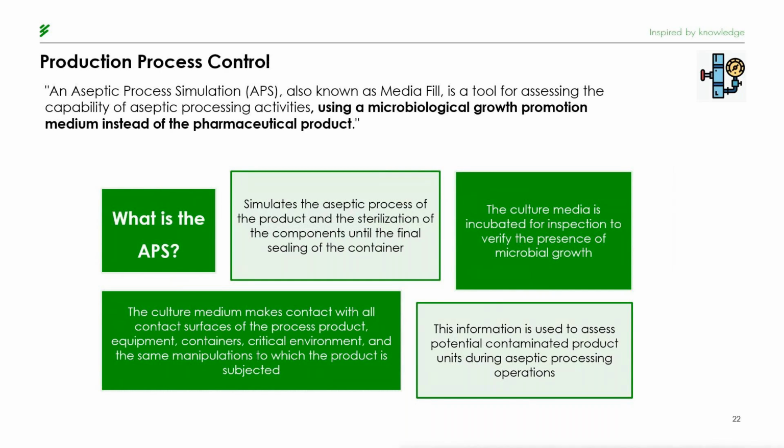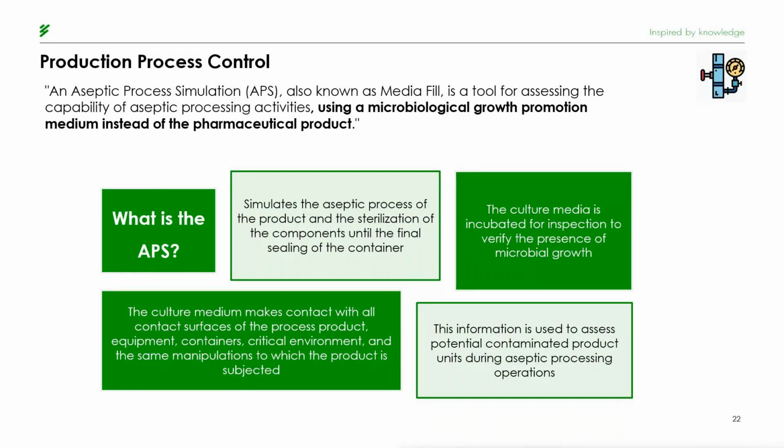Okay. So, as I've said, the APS simulates the aseptic process of the product and the sterilization of all components, until the final sealing of the container. The culture media is going to make contact with all contact surfaces of the product processing equipment, containers, critical environment, and the same manipulations to which the product is usually subjected.